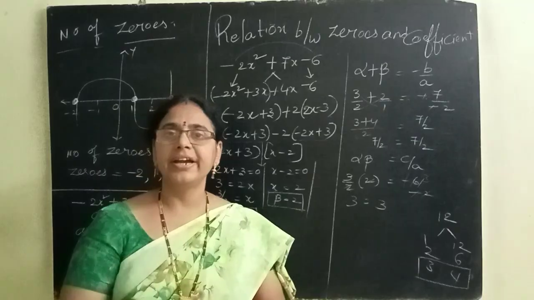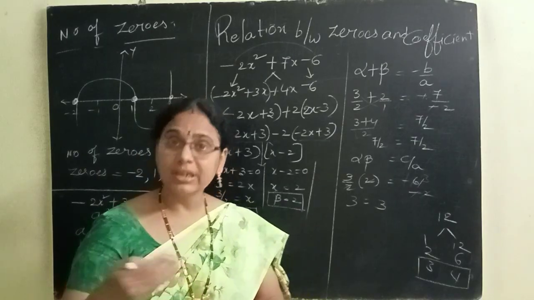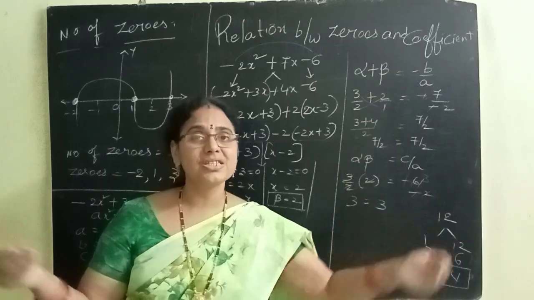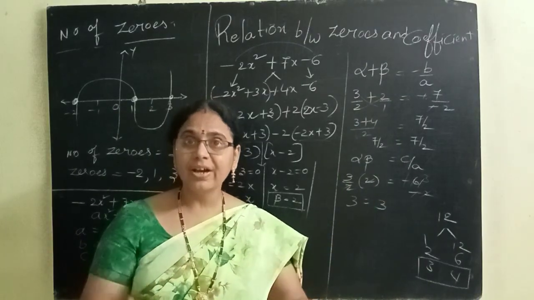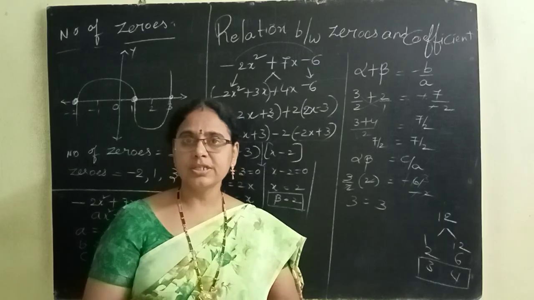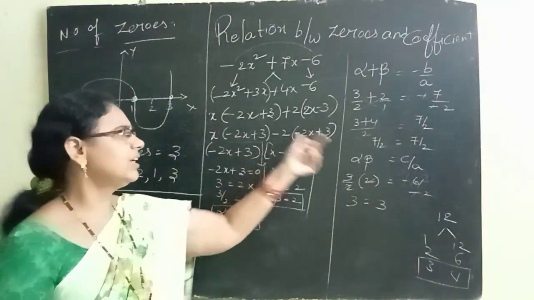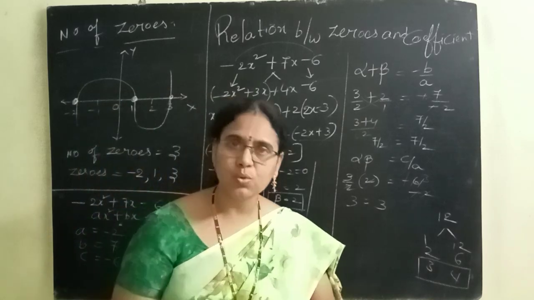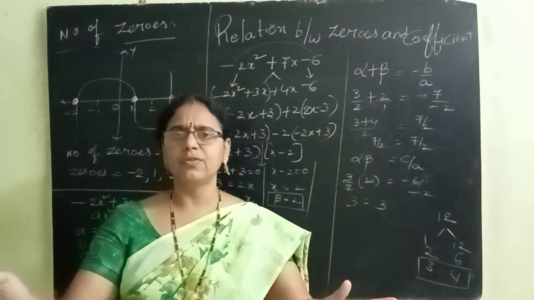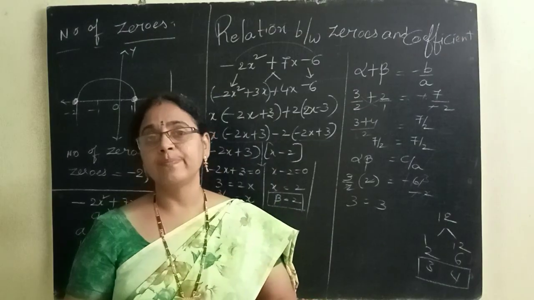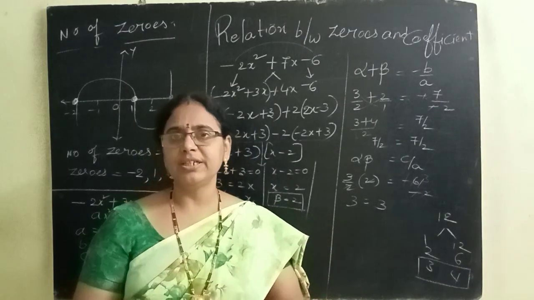You verified. What is this question? Verify the relation between sum of zeros and its coefficients. Verification: you had to get equal answers. Did you understand? Can we always take alpha plus beta only? Is that your doubt? Based on the question, we required one general form. That's why we are taking alpha plus beta as minus b by a, and alpha into beta as c by a.